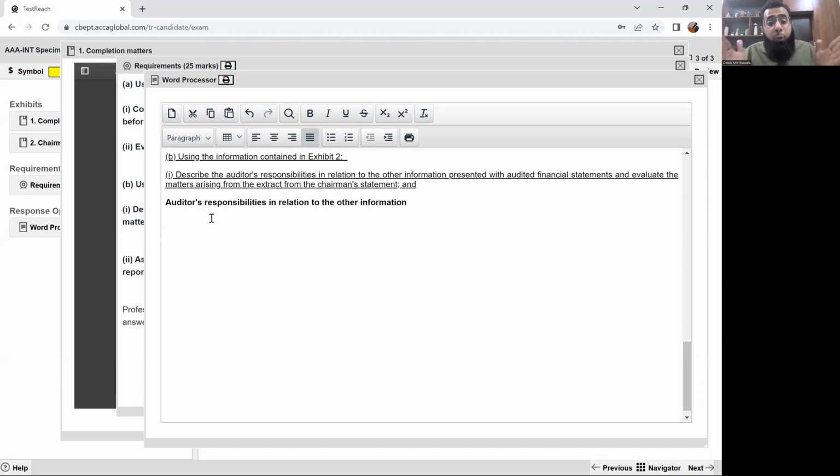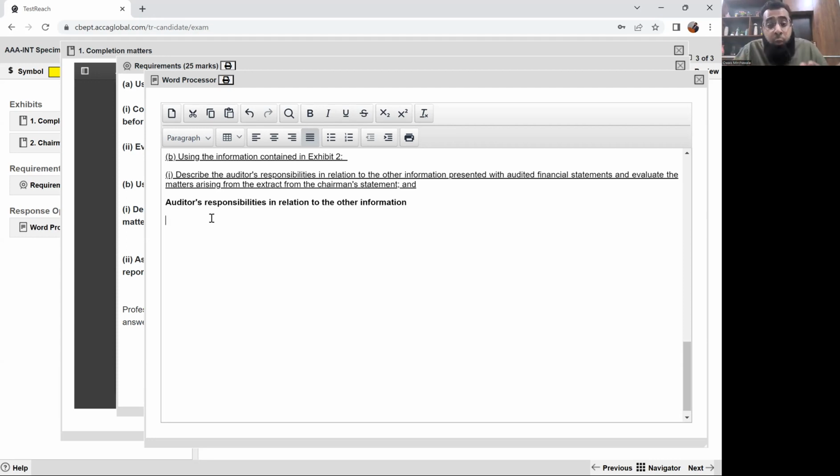See, the annual report is a big document that includes the director's report, chairman's statement, and other analysis. Within that annual report, the financial statements are also included. The auditor's opinion is on the financial statements, not on the other information. But for other information, the auditor reviews it to make sure that it is consistent with the financial statements.